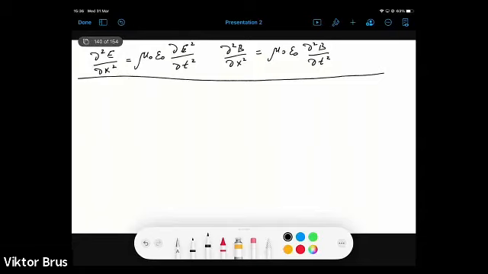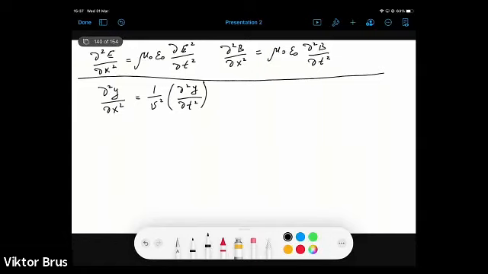So the general form for this will be d squared y over dx squared is equal to 1 over v squared times d squared y over dt squared.